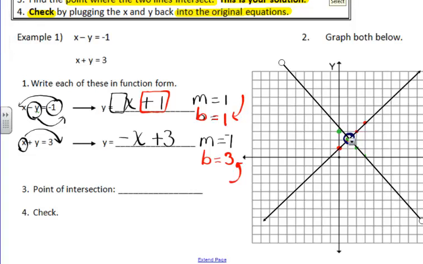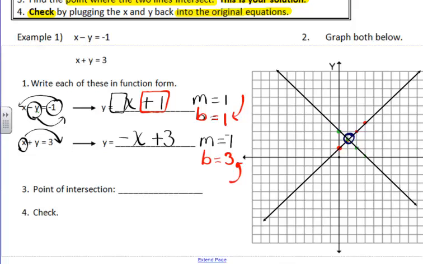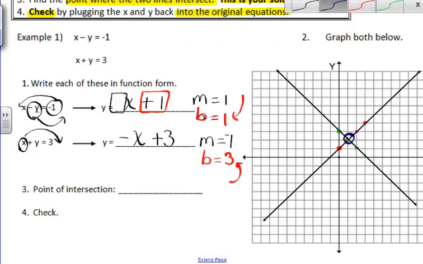And of course we have to label our lines, making sure that there are arrows on the end of each line. Here is y equals x plus 1, and here is y equals negative x plus 3.